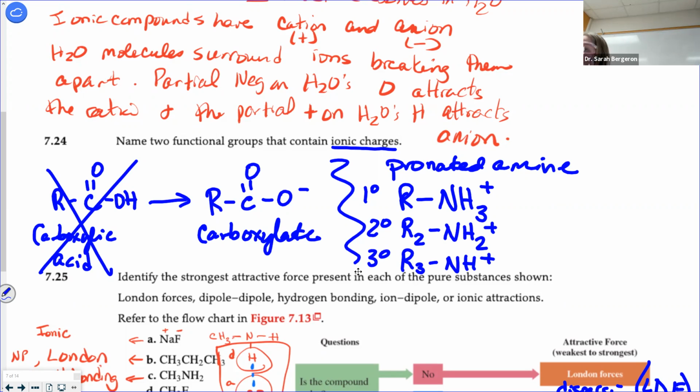So if you go and look in your book and you look up amines, you will see that they have 1 less hydrogen than what we listed right here. It's protonated. So what does protonated mean? It has an extra proton, which is a what? A hydrogen. That hydrogen is positively charged. What makes the nitrogen positively charged? The hydrogen makes the nitrogen positively charged. Okay.